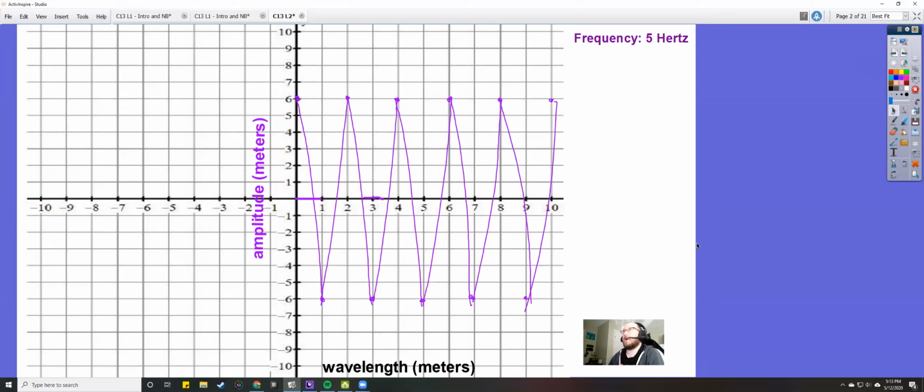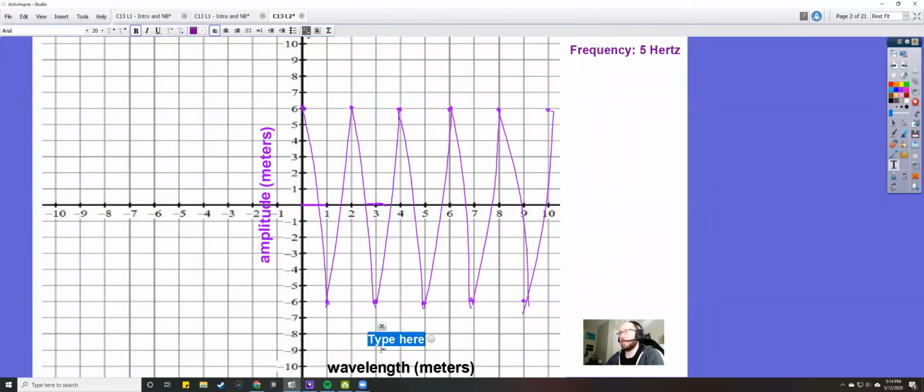All right, now that you're unpaused, I can tell you the wavelength of this particular wave. If we measure from one crest to another crest here, and we count 1 to 2, 2 to 3, 3 to 4, we get a wavelength of 2 meters. That makes sense because if we count the number of troughs here, you get 5: 1, 2, 3, 4, 5.